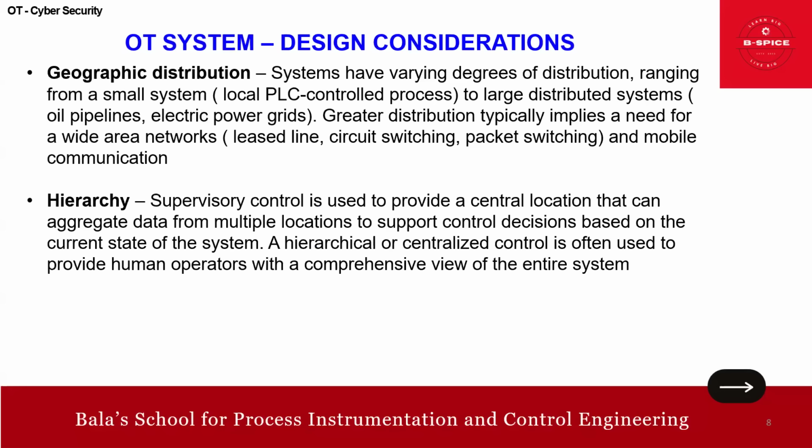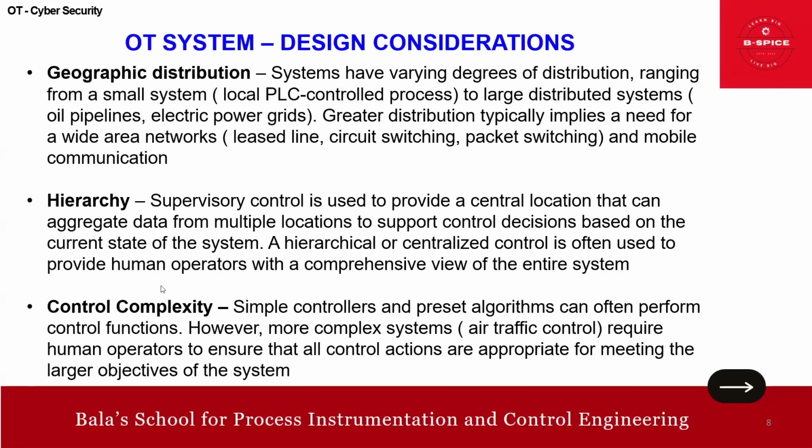And hierarchy. Supervisory control is used to provide a central location that can aggregate data from multiple locations to support control decisions based on the current state of the system. Hierarchical or centralized control is often used to provide human operators with a comprehensive view of the entire system. So hierarchy is also important.